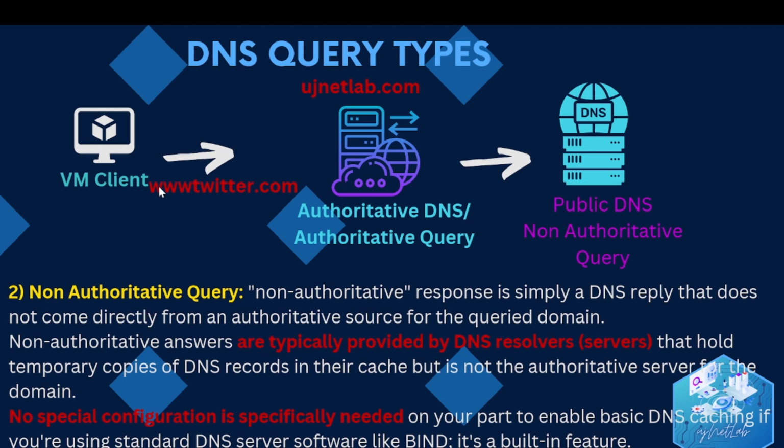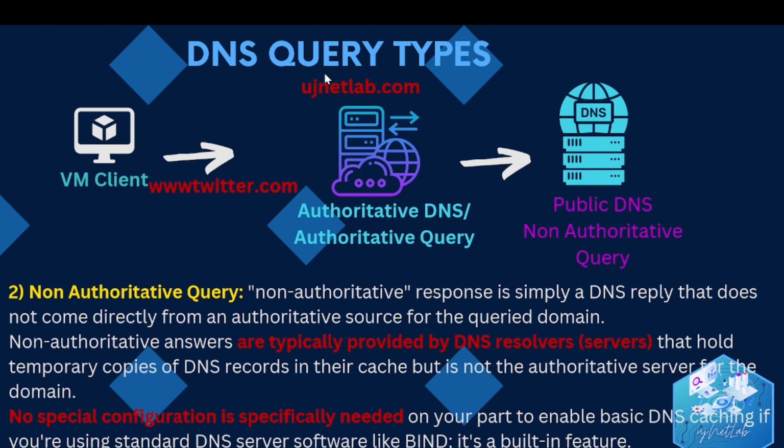Now the user types, for example, twitter.com, and this client has the DNS setting of this Usenet Lab. All right. In my DNS setting, this is the Usenet Lab server. It will go here and it will say, oh man, I'm not the authoritative server. Somebody else is. I don't have this IP. I only know about the Usenet Lab. It will contact them.